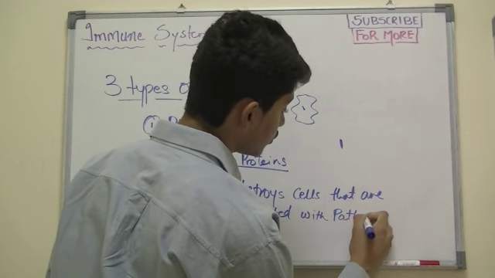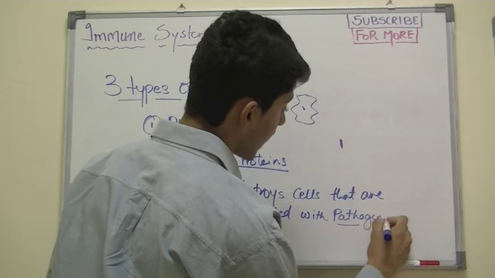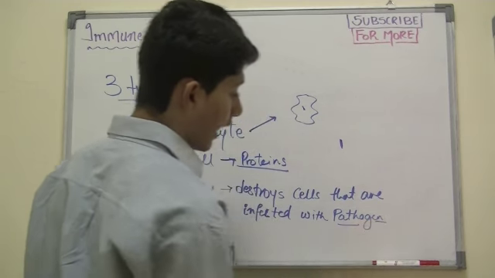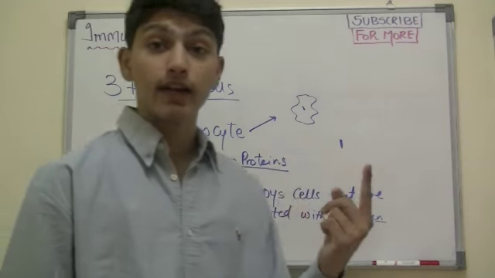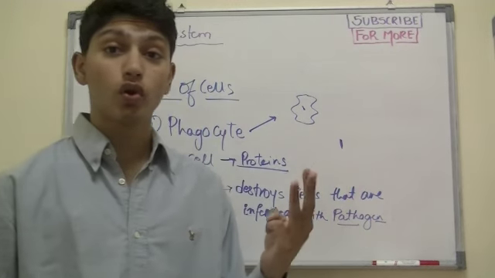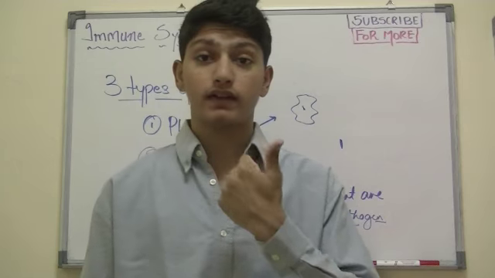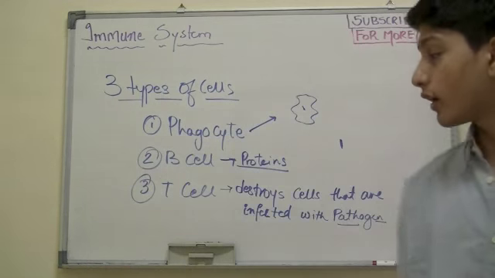And remember, pathogens consist of five different categories, which are bacteria, viruses, protozoa, fungi, and parasites.